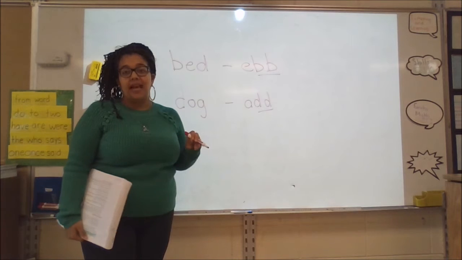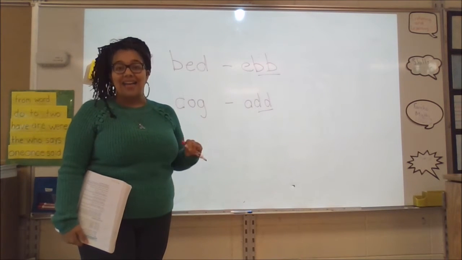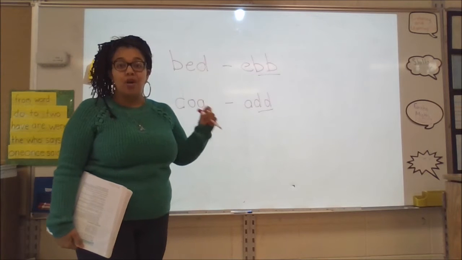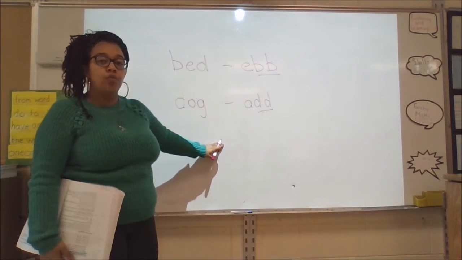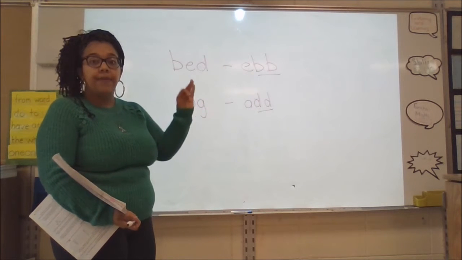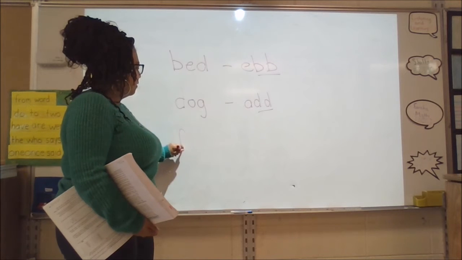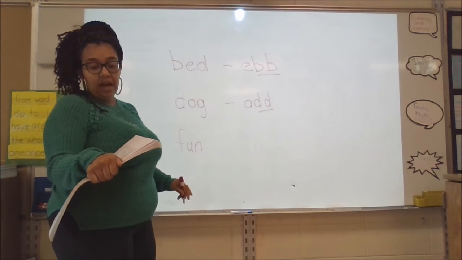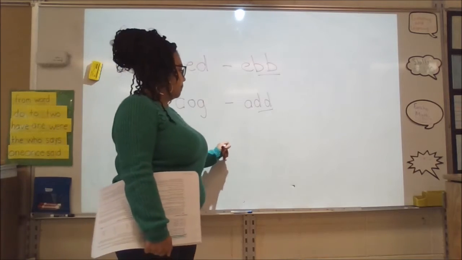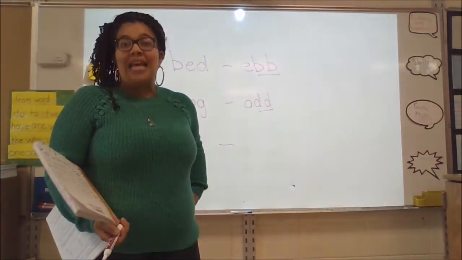How about the sound F? The sound F has the double letter spelling sometimes also. And so my single F word will be fun. Good. My double letter, listen carefully, my double letter spelling is stuff.